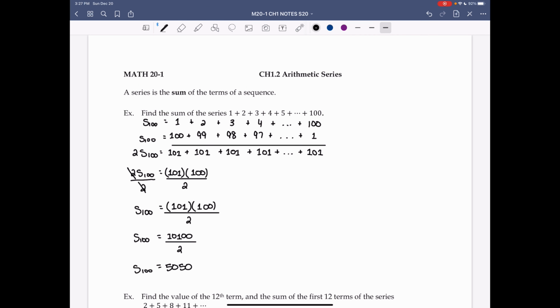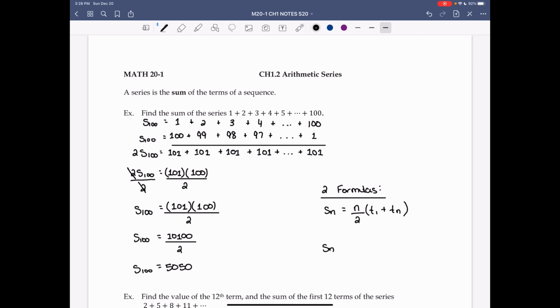From this we get 2 formulas for calculating the sum of a series. Both of these are on your formula sheet. The first one, Sn equals n divided by 2 times t1 plus tn. So the sum of the first n terms in the series equals the n value divided by 2 times the first term plus the nth term.